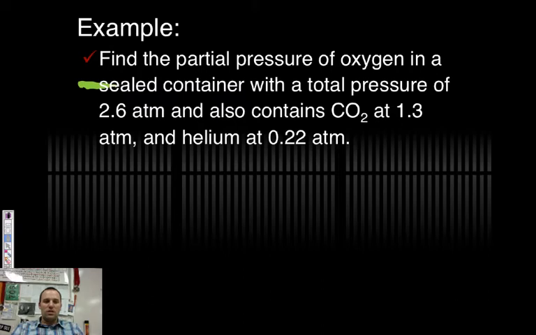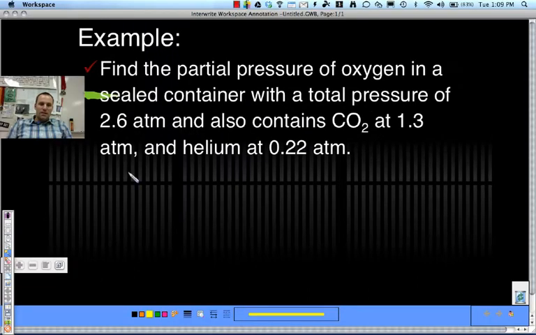So let's do an example. Okay, it says find the partial pressure of oxygen in a sealed container with a total pressure of 2.6 atmospheres and also contains CO2 at 1.3 atmospheres and helium at 0.22 atmospheres. Okay, so this is going to be tough. So we are told that the P total is equal to 2.6 atmospheres.